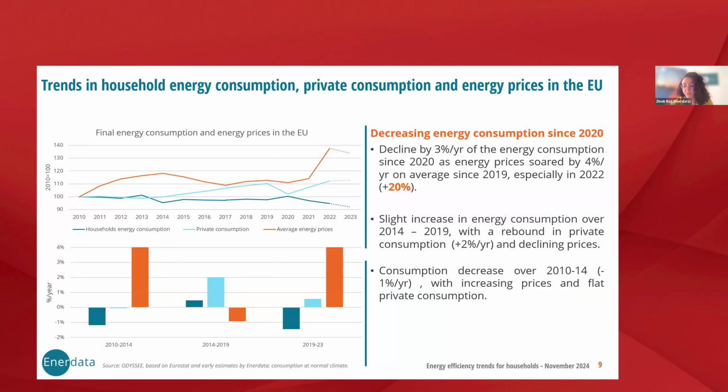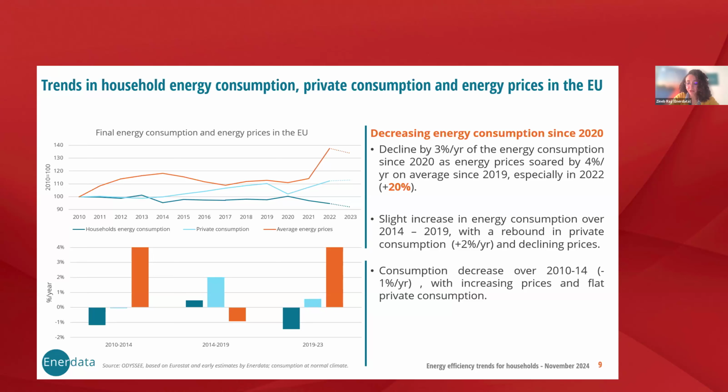Now let's look at energy consumption trends with this first slide, which compares the evolution of private consumption, average energy prices for households, and energy consumption for households, broken down in 3 different periods on the charts on the bottom left corner. I can't see the years, but the periods shown on the chart are 2010 to 2014, 2014 to 2019, and 2019 to 2022, sorry.